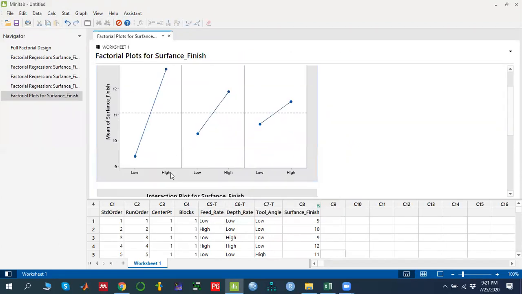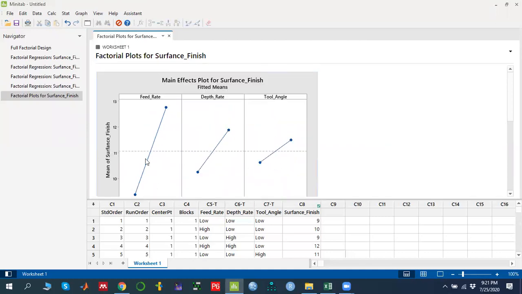Again, as I told you in the previous video, the main effect is indicating what? If this line has more and more slope, that is indicating a significant factor. If this line is horizontal, then this factor is not significant.